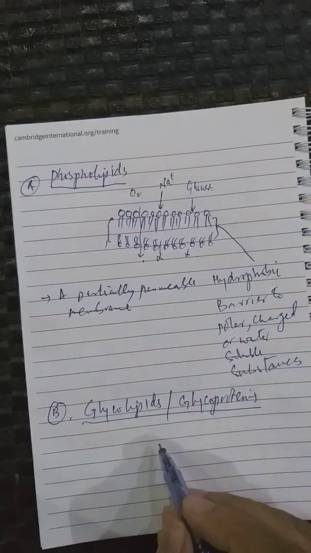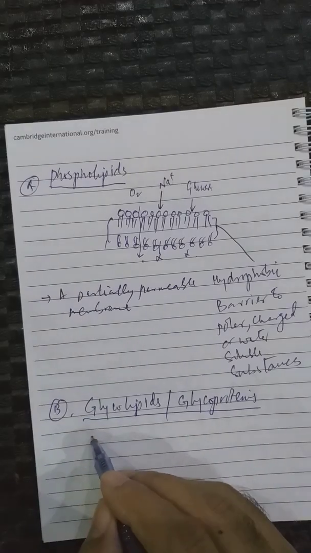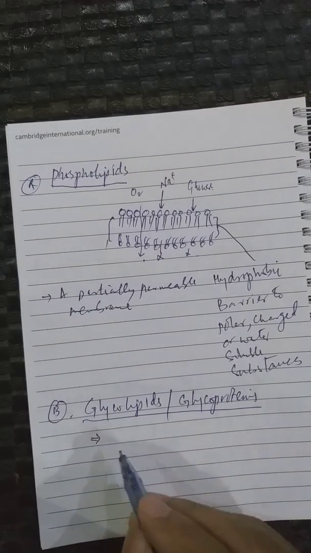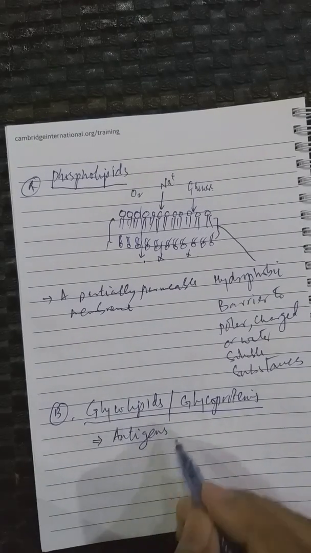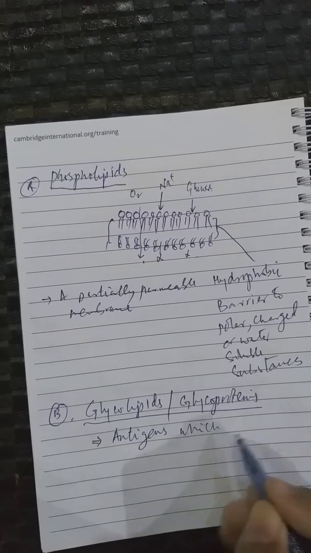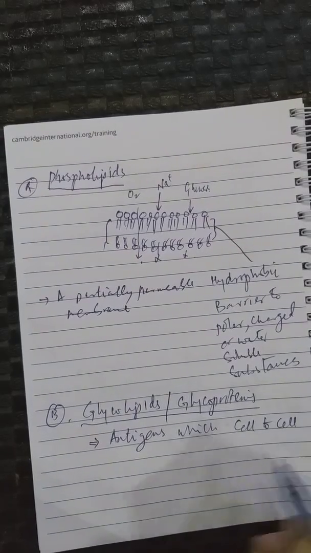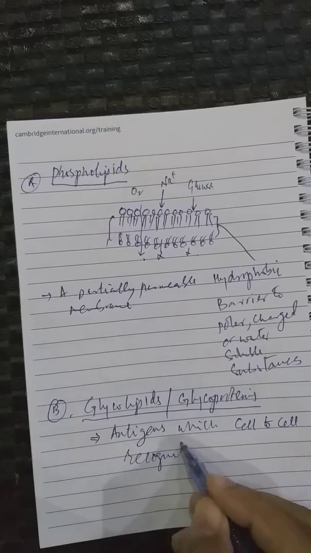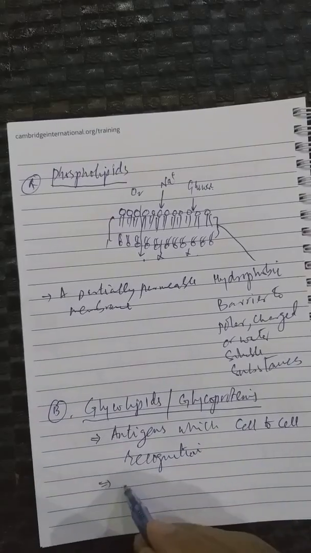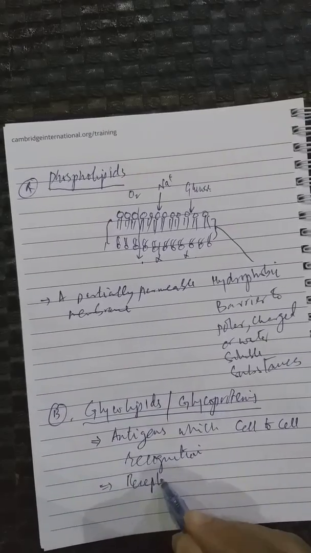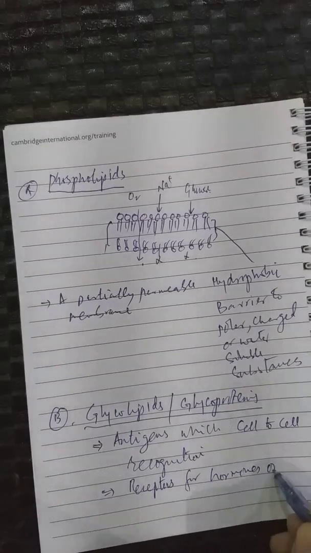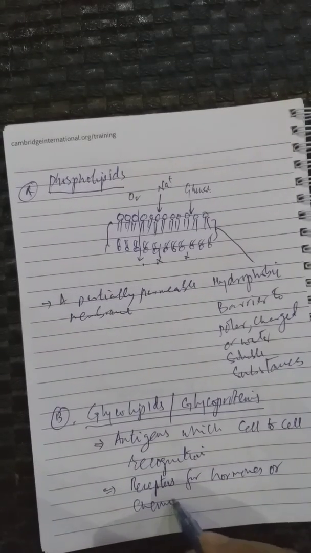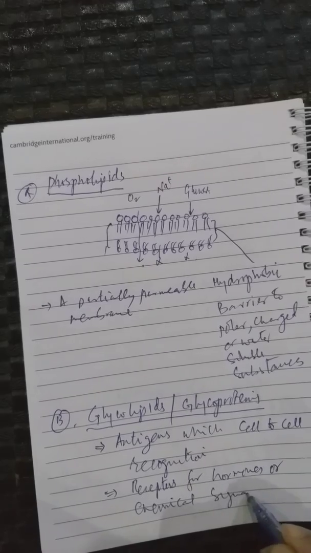These two chemical substances present in the cell surface membrane act as either antigens, which help cell to cell recognition, or act as receptors for hormones or chemical signals.